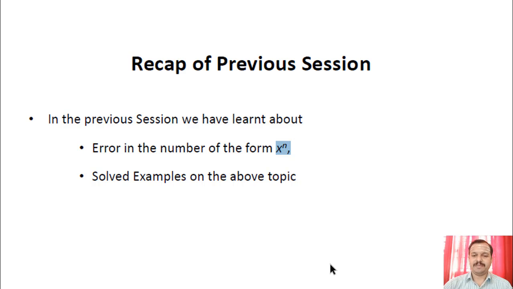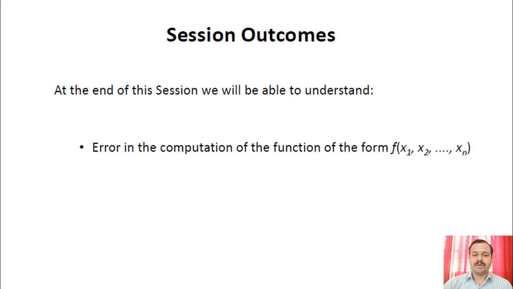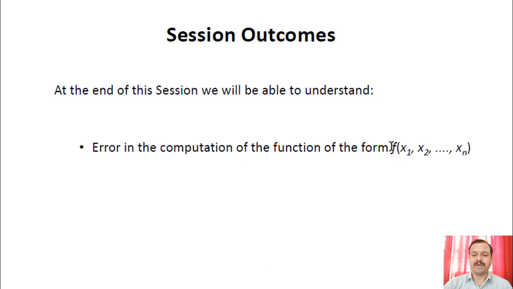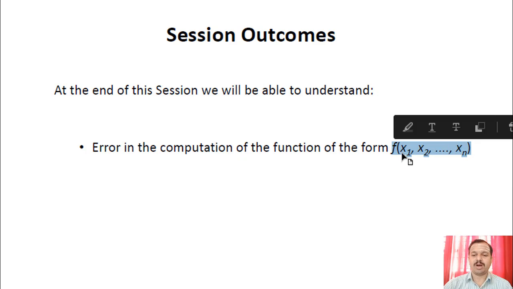In this session, we will discuss the error associated with the computation of a function of the form f of x1, x2, ..., xn. So let us start the discussion.